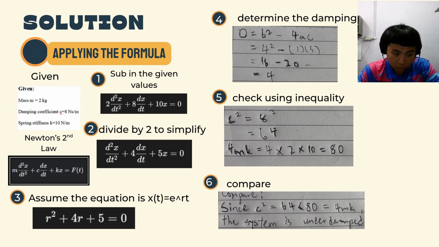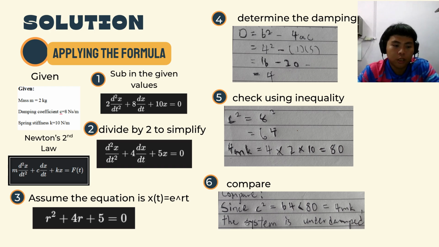We rewrite it into a simpler equation using this assumption, which is r² + 4r + 5 = 0.